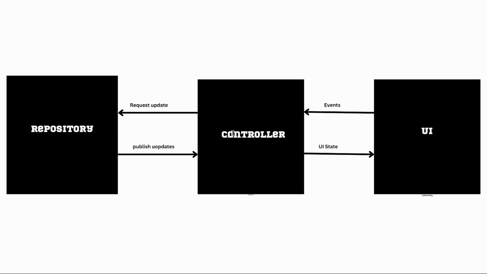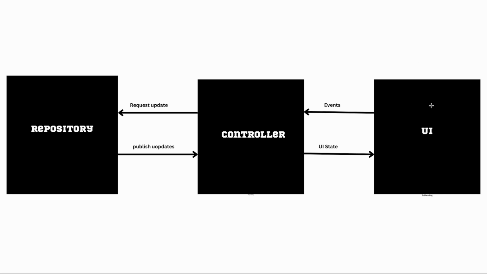So basically what the controller does is going to request updates from the repository which is going to be connected to Firebase, right? And then when it requests the updates from the repository, it is going to publish those updates to the controller, and then the controller is going to update that UI state, right? It's going to emit the UI state, and then this UI state is going to cause the user interface to change, right?